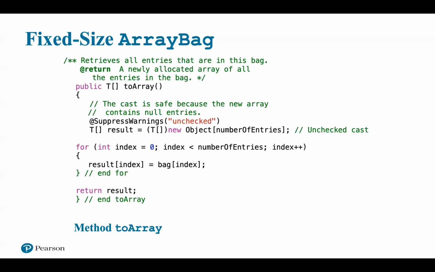However, we have the same problem in allocating an array that we had in defining the constructor. So we take the same steps as for the constructor. After toArray creates the new array, a simple loop can copy the references in the array bag to this new array before returning it. Thus, the definition of toArray can appear as follows, and we have it here in the text in the chart.